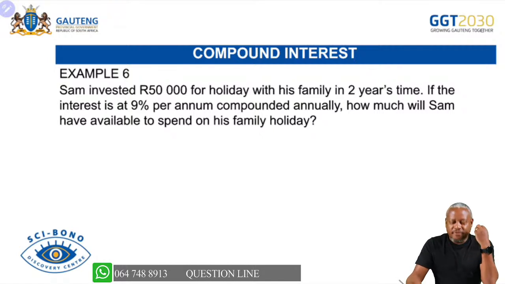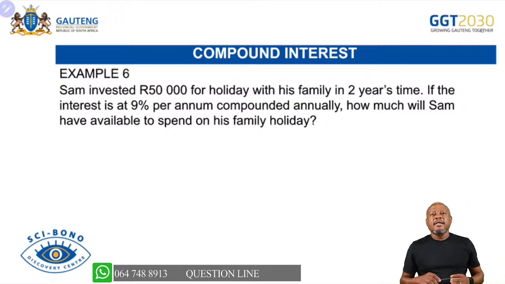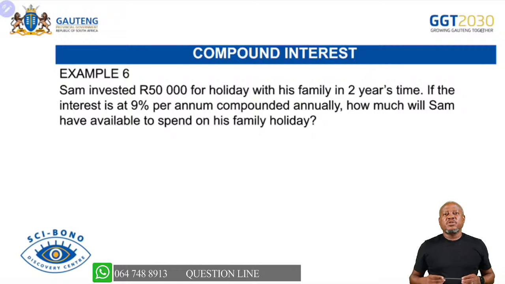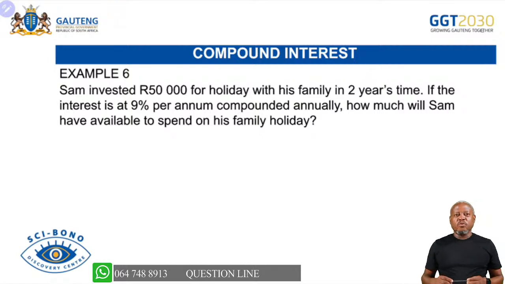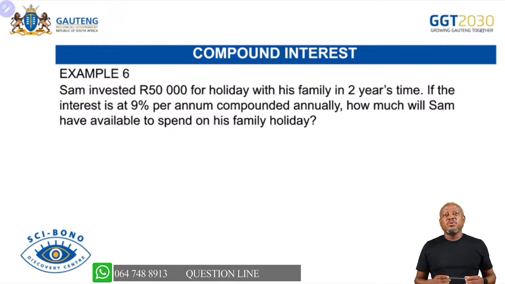Sam invested how much? 50,000 for a holiday with his family in how many years? 2 years' time. Please prepare your calculator and your pen. I'm giving you 2 minutes to go through this problem, because I'm not going to do it alone.